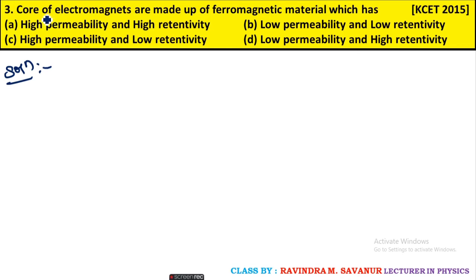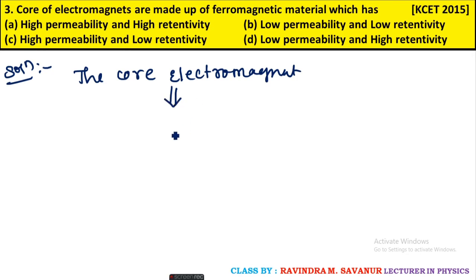Question number 3. The core of electromagnets are made up of ferromagnetic materials. They are made up of what? Ferromagnetic material. So they require what kind of property?